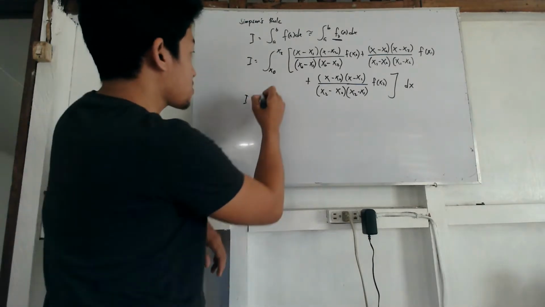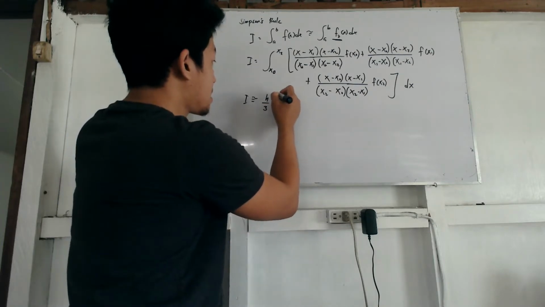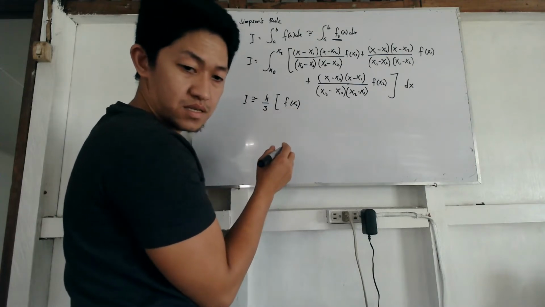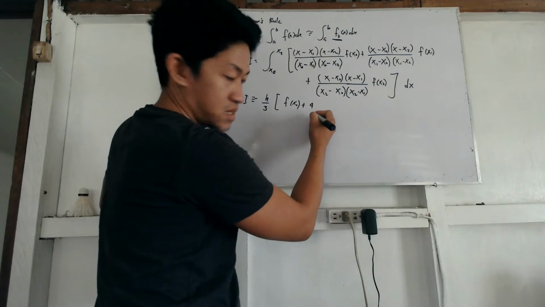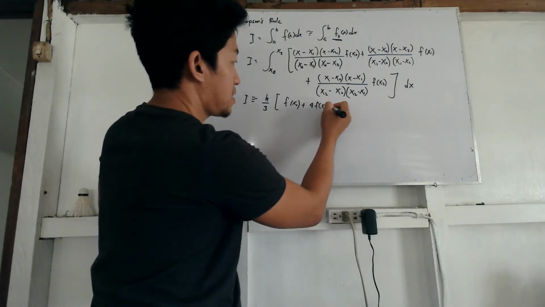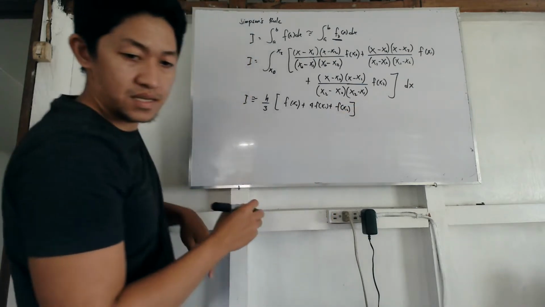h over 3 times f of x sub 0 plus 4 f of x sub 1 plus f of x sub 2.